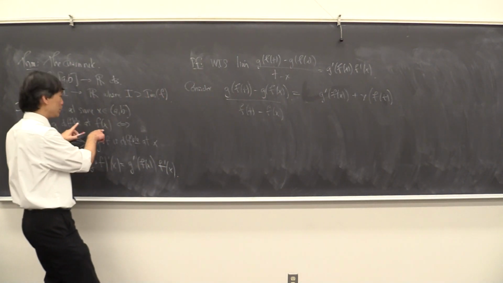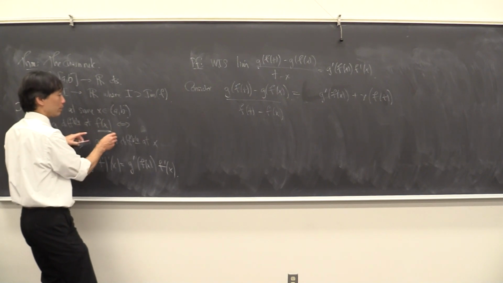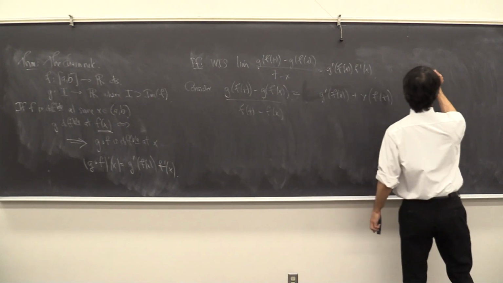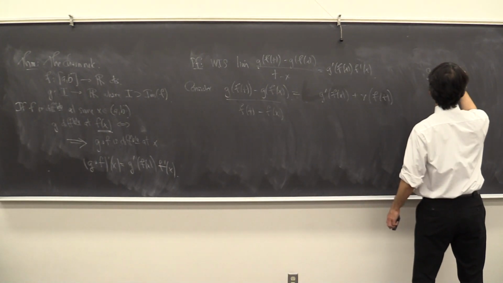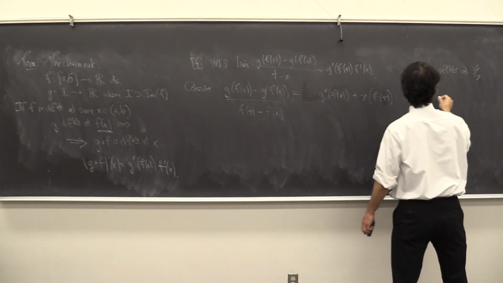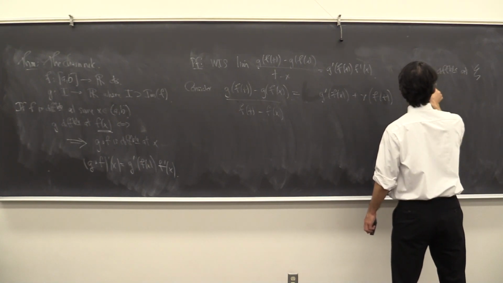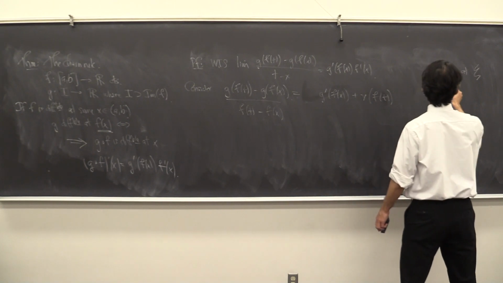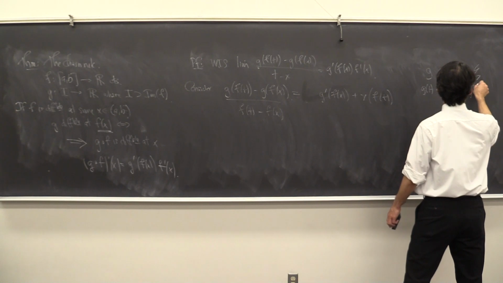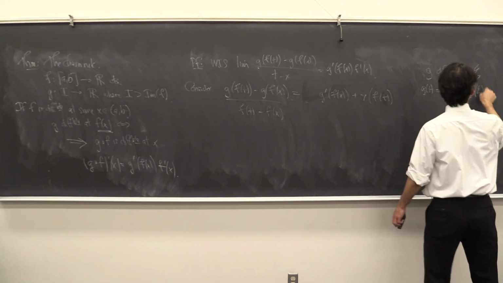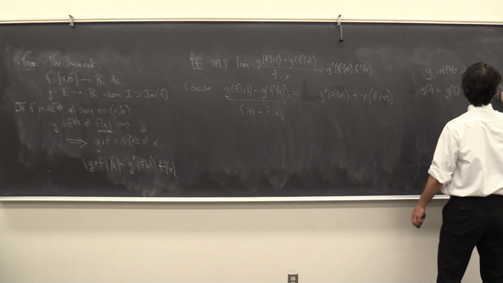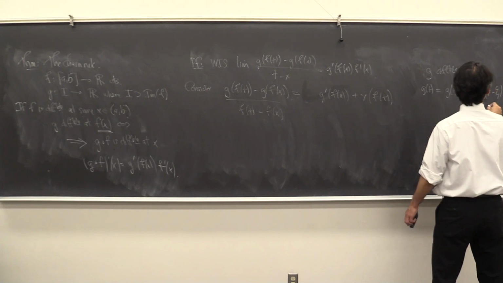Remember, g differentiable at some point zeta means that g of t equals g of zeta plus g prime at zeta times t minus zeta, plus the error term.